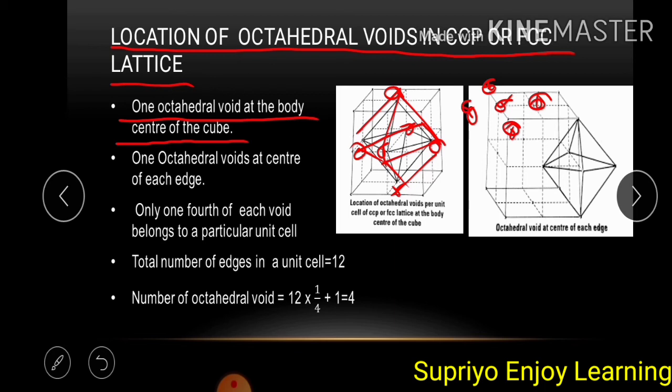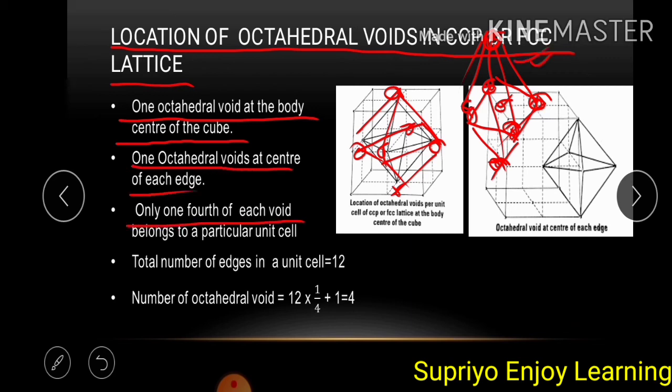So if we join these 4 spheres, we will get one square. Now we take one sphere below this square from the face and another sphere above this square from the face of another unit cell. So one octahedral void is generated at the center of each edge.